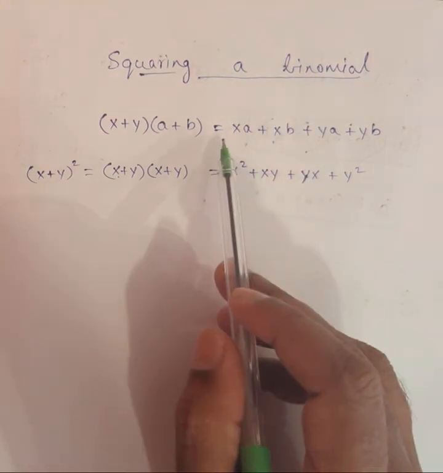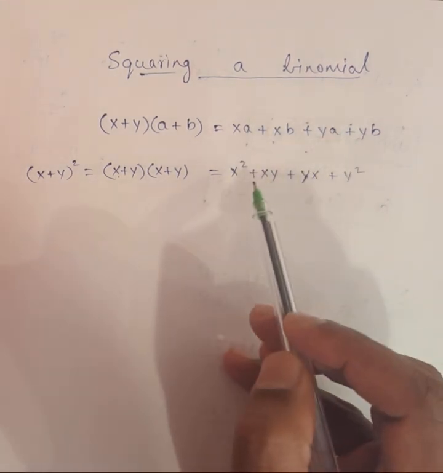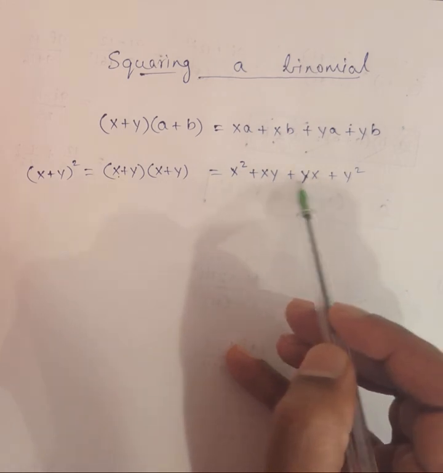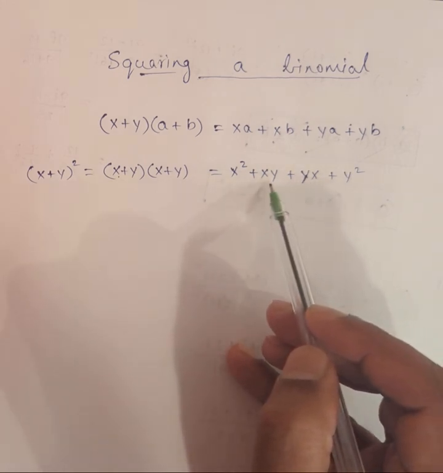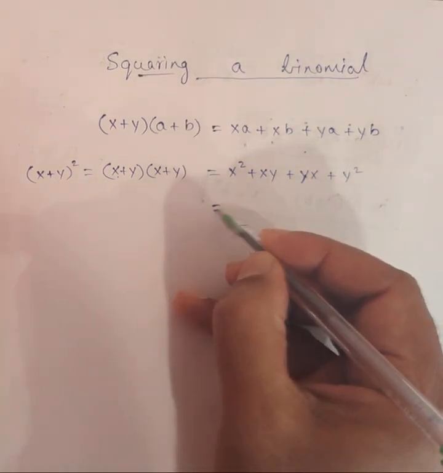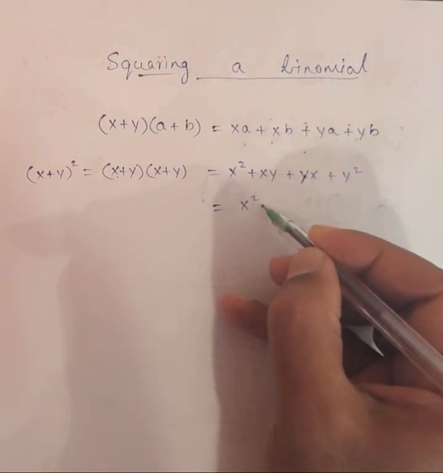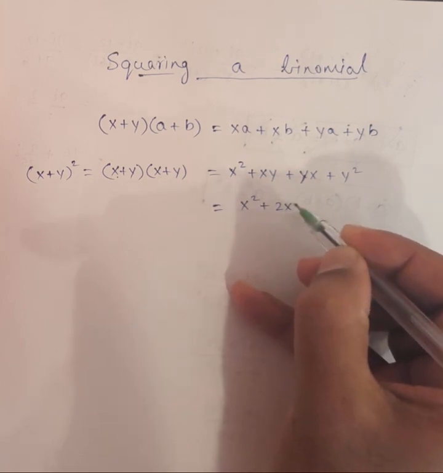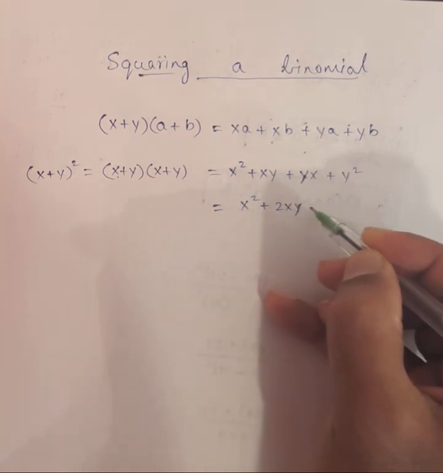So unlike in the general case, I actually have two terms that could be combined because x times y is the same as y times x. So I can write this as x squared plus 2xy plus y squared.